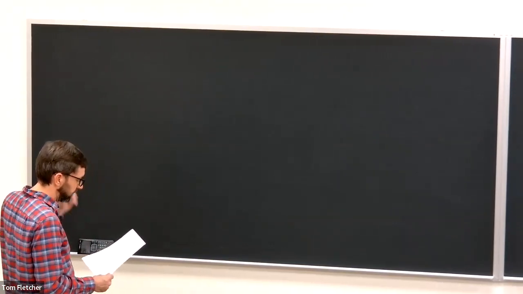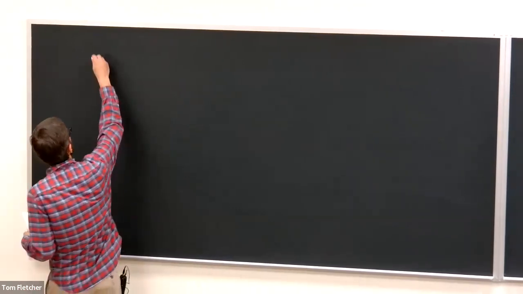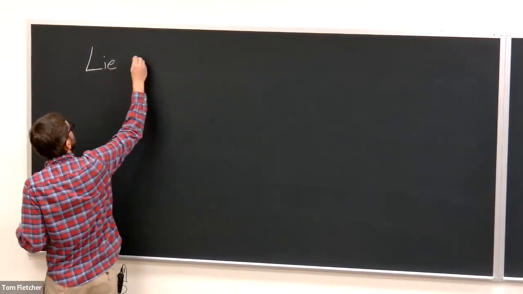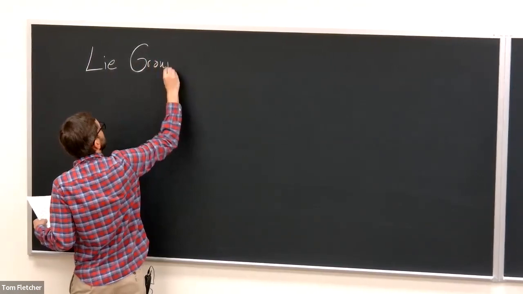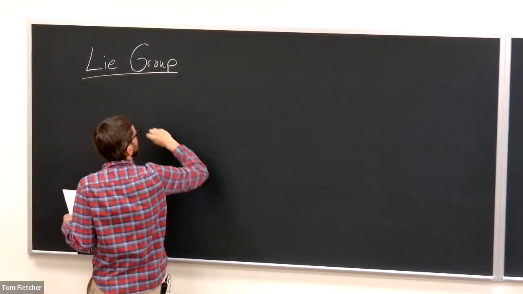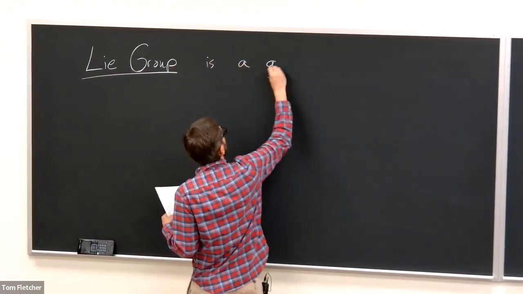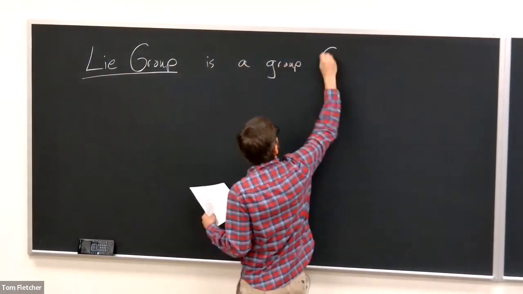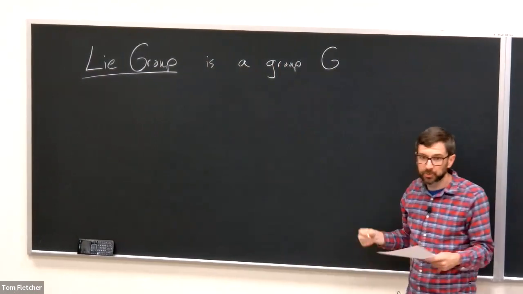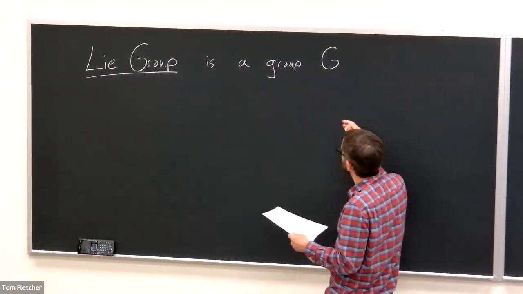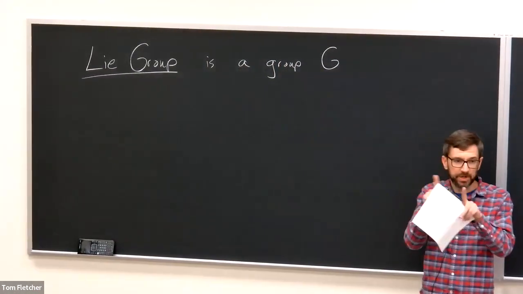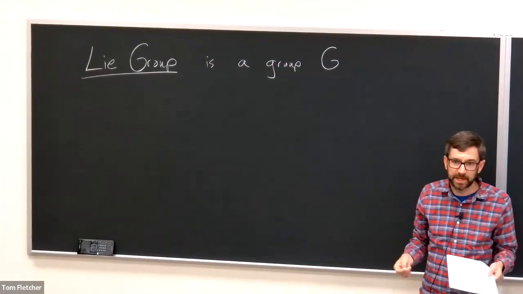Let's just start with everything we did last week, basically. So we had a Lie group definition. A Lie group is a group G, and a group has a binary operation, which we called multiplication.